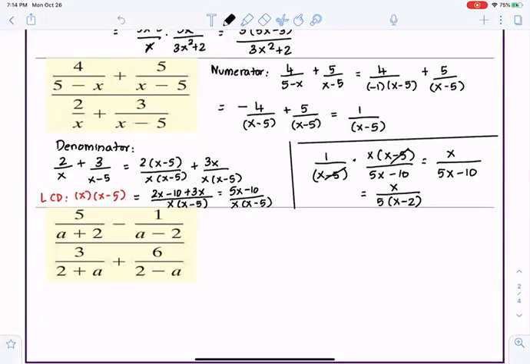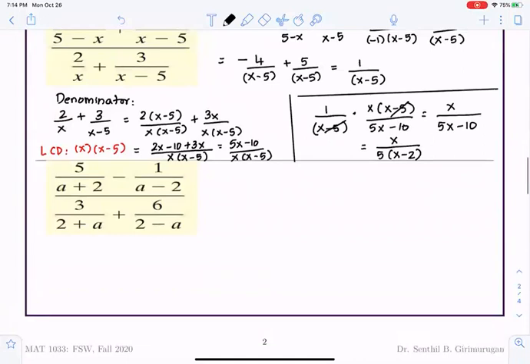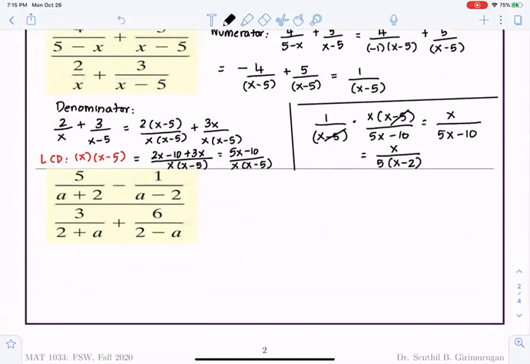Okay, so numerator first, then denominator. So I'm going to start with the numerator. There is nothing in common between a plus 2 and a minus 2. So the LCD is a plus 2 times a minus 2.